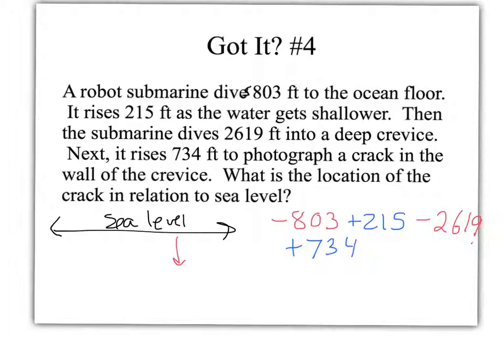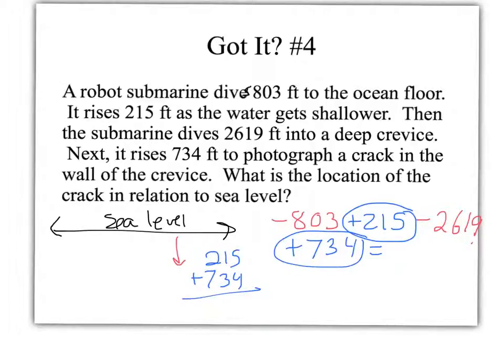So if you had a calculator, I would just put in negative 803 plus 215 minus plus, and then hit equals and get your answer. But we're trying to learn how to do this without a calculator. So I'm going to group together my positives, and I'm going to add them. 215 plus 734, and I'm going to get 949, and that's a positive.